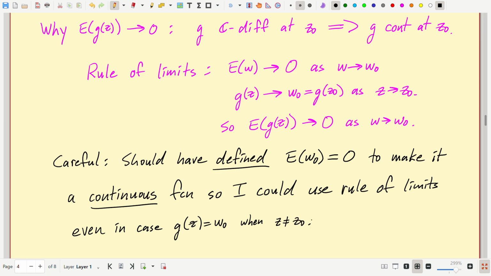In many of the proofs in freshman calculus, the error is when you divide by the G of Z minus G of Z naught to make a difference quotient again, you might be dividing by 0, and that's dangerous business. Questions about that?